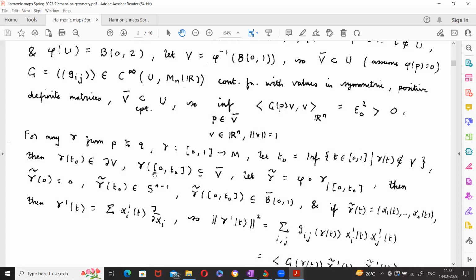So gamma of the closed interval [0, t naught] is contained in V closure.